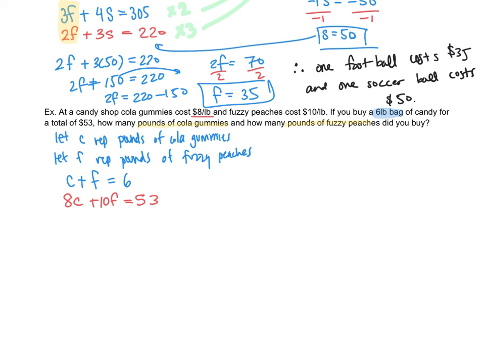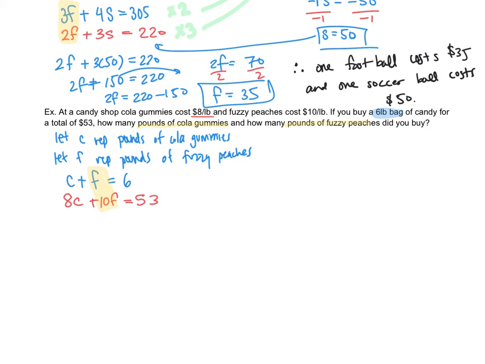Now, this is the one linear system in these 3 word problems where we can actually solve using substitution as well, because I can easily isolate for C or F, but completely your choice. We're just going to do elimination here though. So let's mix it up. Let's try to eliminate the other variable. So let's eliminate F in this scenario.